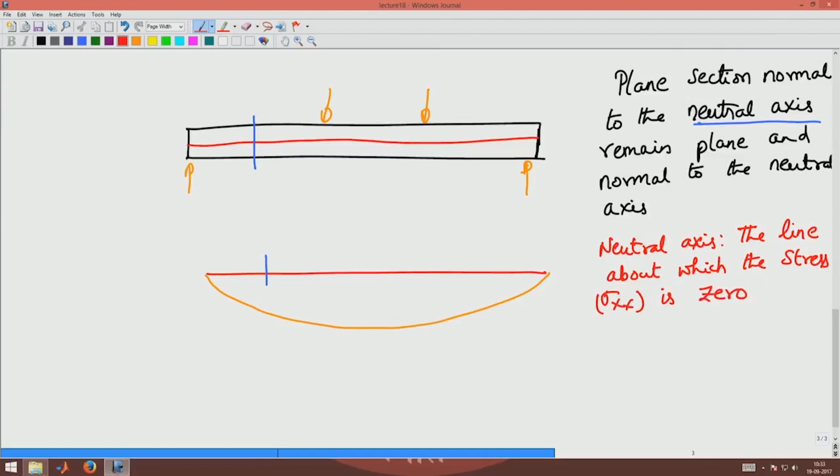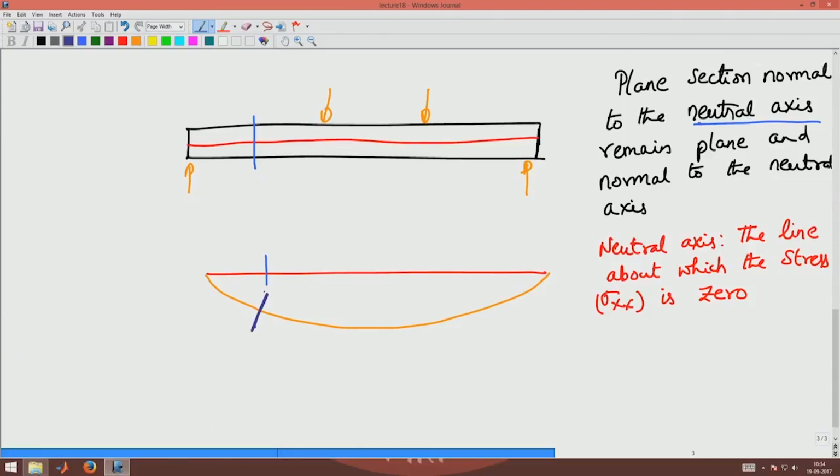We will see once we derive why such an axis will exist in a beam, but for now let us assume that there exists such an axis called a neutral axis where the stress goes to 0, and I am giving a cut perpendicular to that neutral axis in the initial configuration or the reference configuration. After it deforms, what happens is this blue line will become some blue line here.